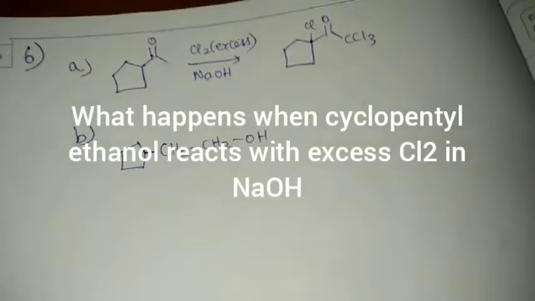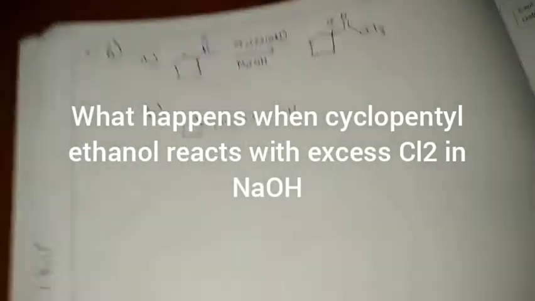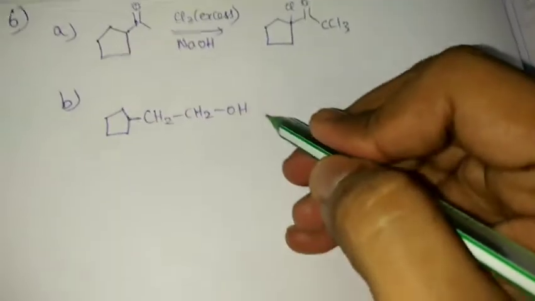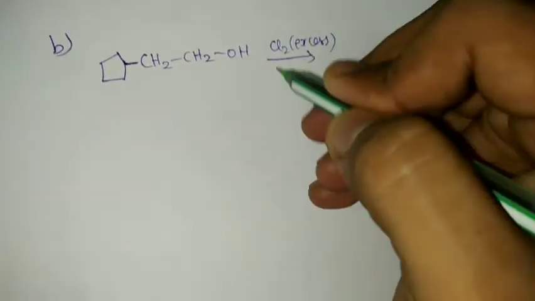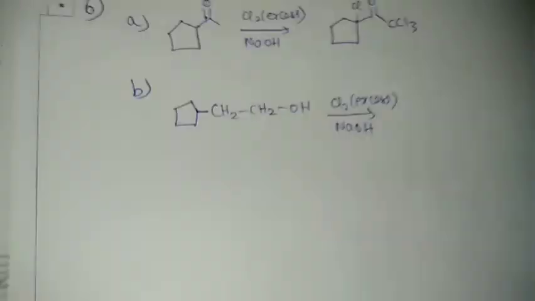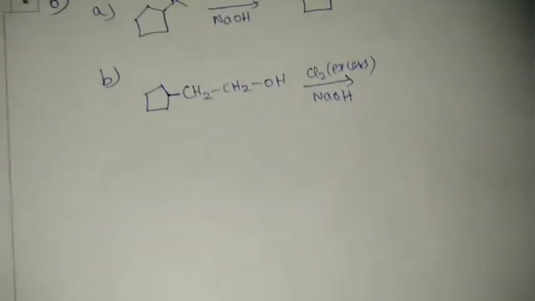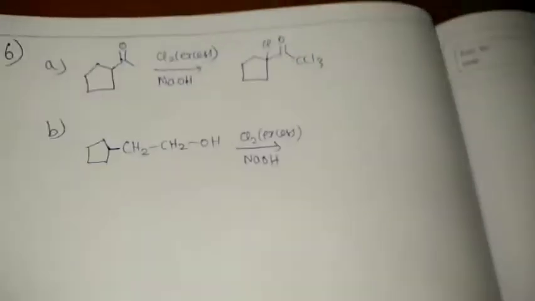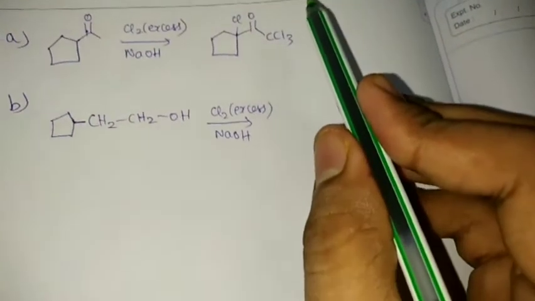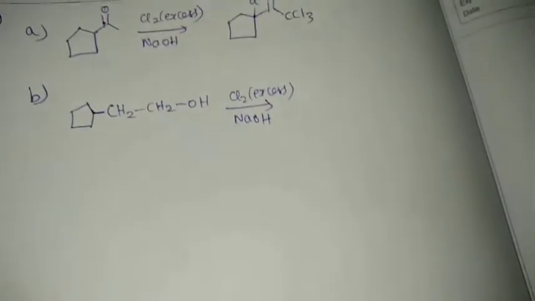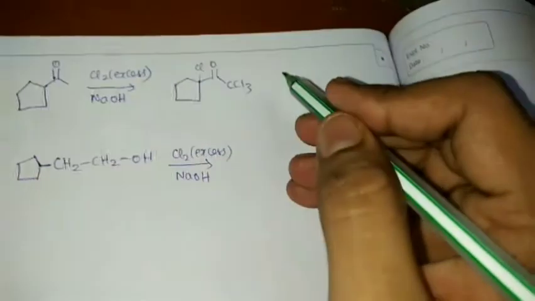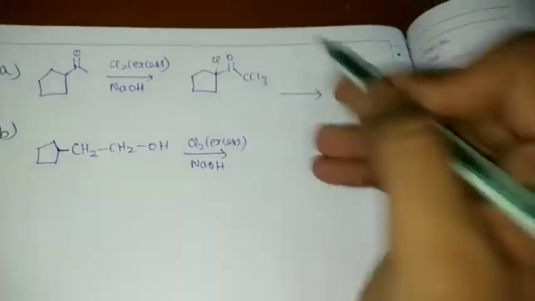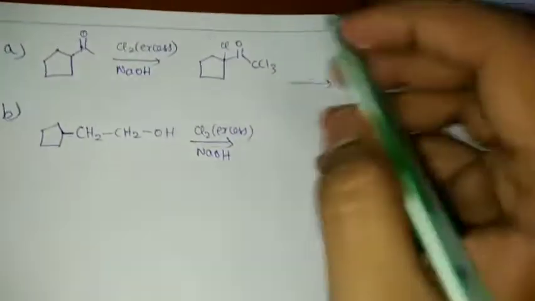They have given this to react with excess Cl2 and NaOH. Now we can think about what will happen. There is no carbonyl compound. I said this in my haloform reaction lecture also. This is a typical haloform reaction. Now see, you realize this can happen also if another excess is given, right? So we can take it up like this.